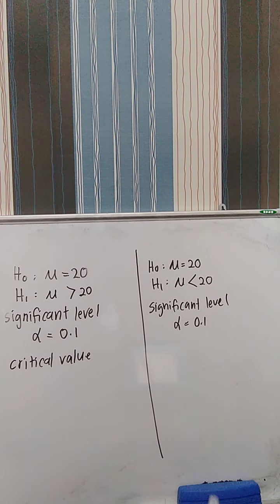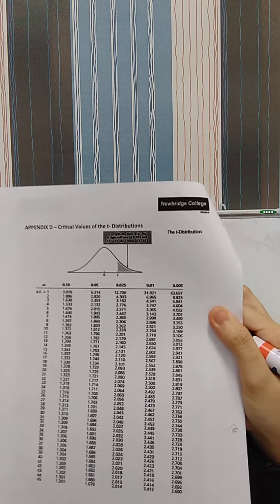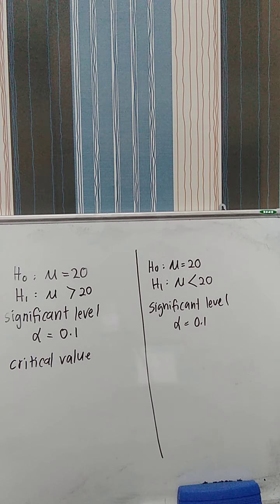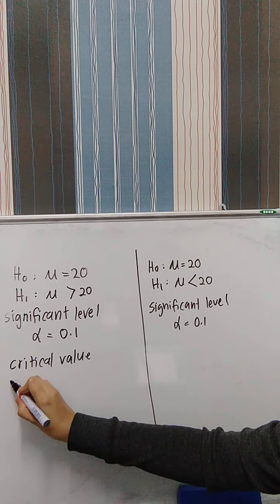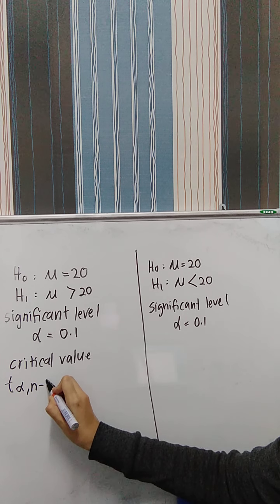For this t-test, to read the value, you are given the t-table, the new t-table. So how to read t alpha, n minus 1.